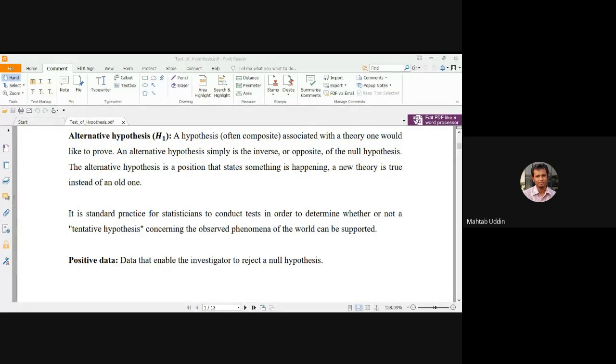Data about these features is called positive data, for which you are rejecting the null hypothesis. There is the old machine and you are enabling yourself to take or use a new one. This is called positive data. যেটার জন্য ওল্ডটাকে তুমি রিজেক্ট করতে পারতেছো, নতুন কিছু নিতে পারতেছো, তাকে কি বলা হবে?